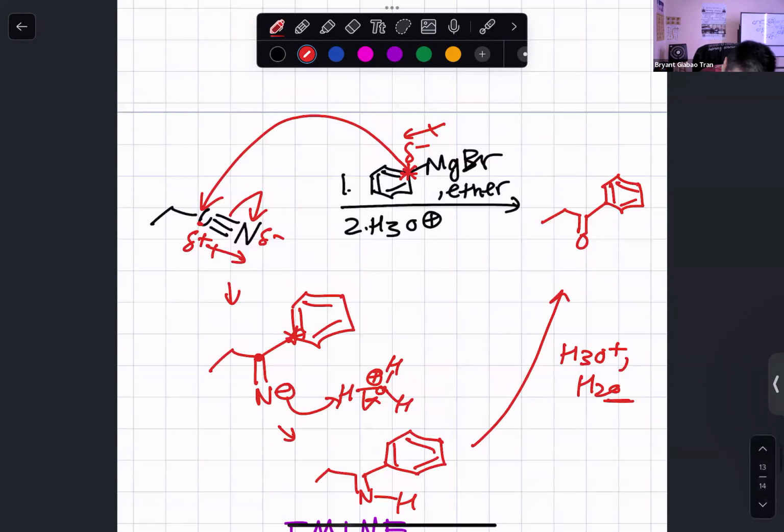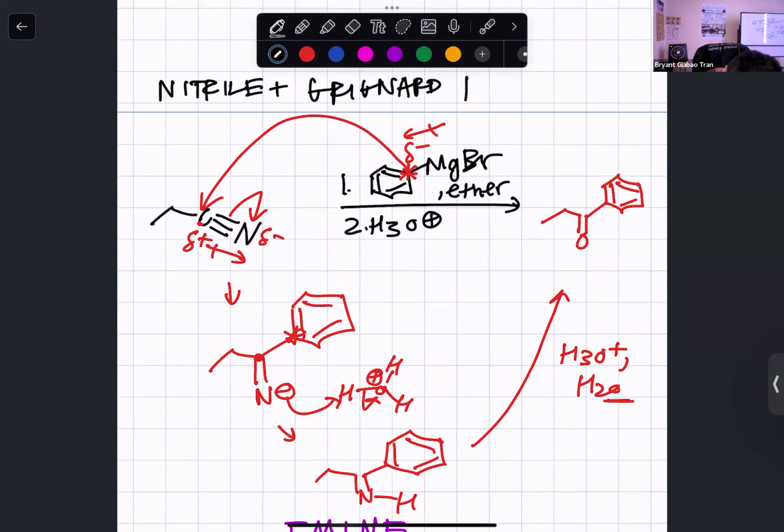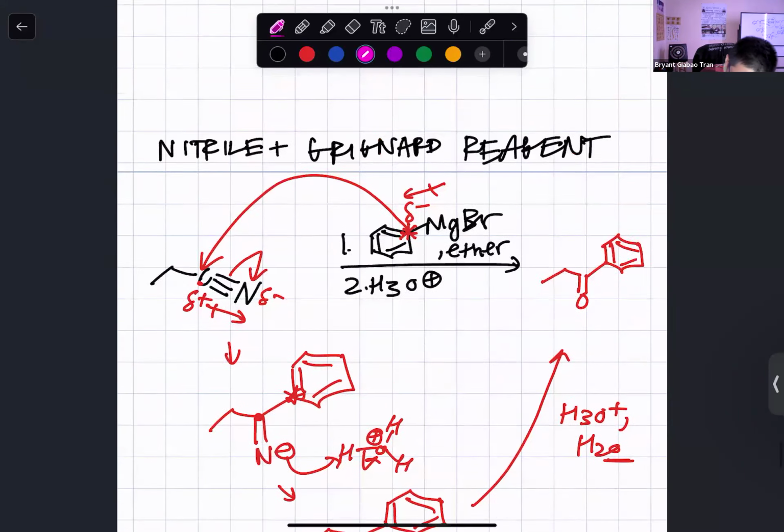So this reaction here was a nitrile plus Grignard reagent reaction, where notice how, here's a shortcut now, we're always going to make a ketone, a nitrile plus a Grignard reagent.